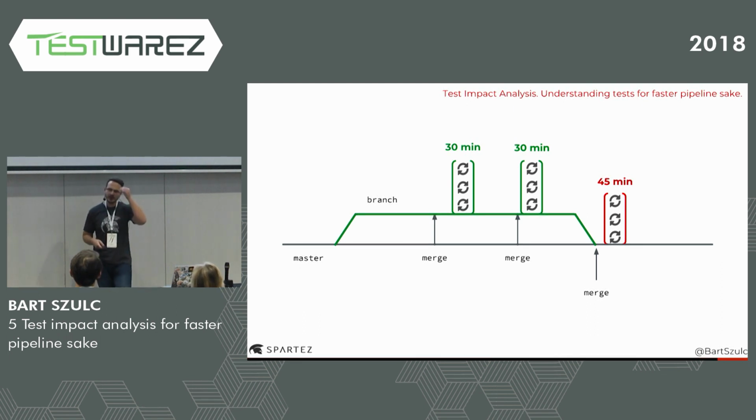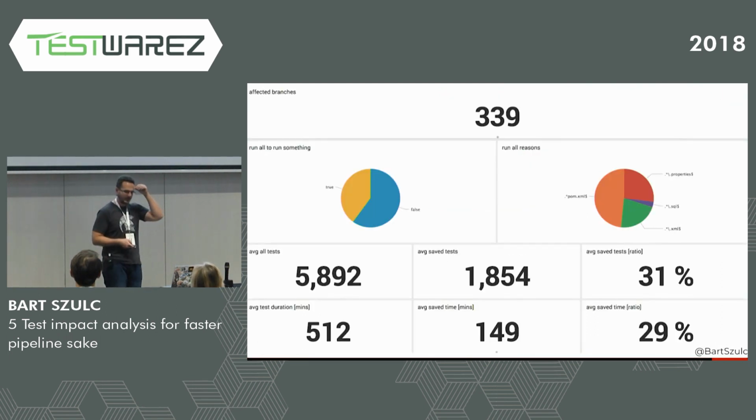And we are still working out how to improve that number, because there are cases where we decide to run all the tests. Like for instance, when you are changing a POM XML file, we aren't really sure what types of tests need to be run. We need to go very safe there and say, let's run all the tests, because we just don't know.